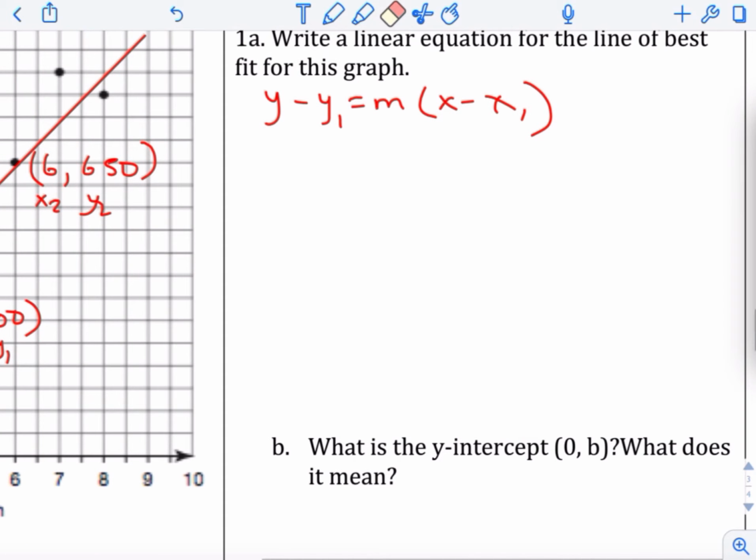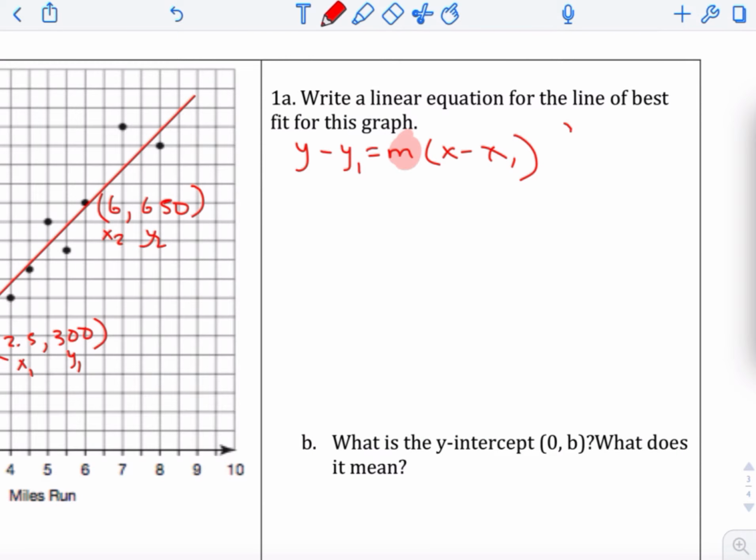So I need to find the rate of change first, this right here. It's y sub 2 minus y sub 1 over x sub 2 minus x sub 1, which is 650 minus 300 over 6 minus 2.5.